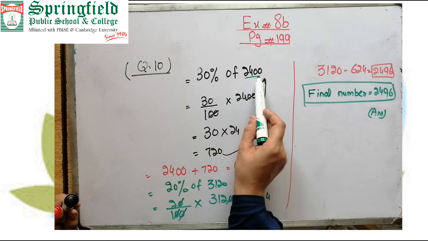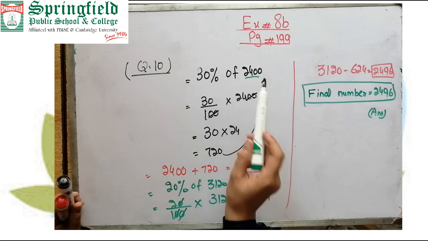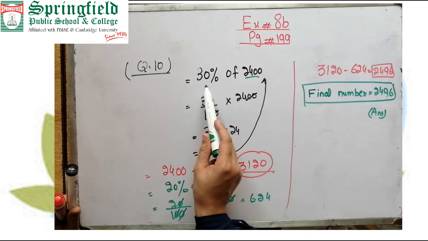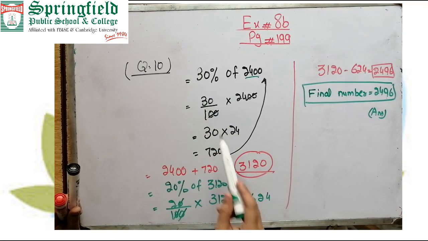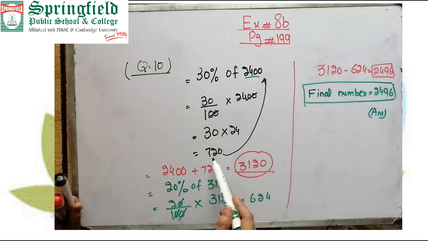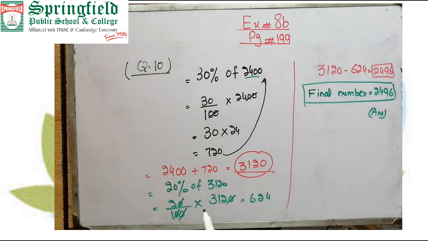Okay, the number was 2400, and when this number was first increased by 30%, first we find the amount. 30% of this number equals 720, and then we add, and after addition they again say that the final solution will decrease by 20%.